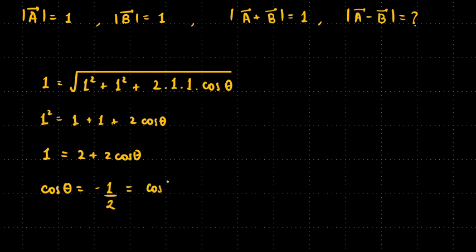And this is cos 120 degrees, which means the angle between vector A and vector B is going to be 120 degrees. So now we need to find the magnitude of their difference.